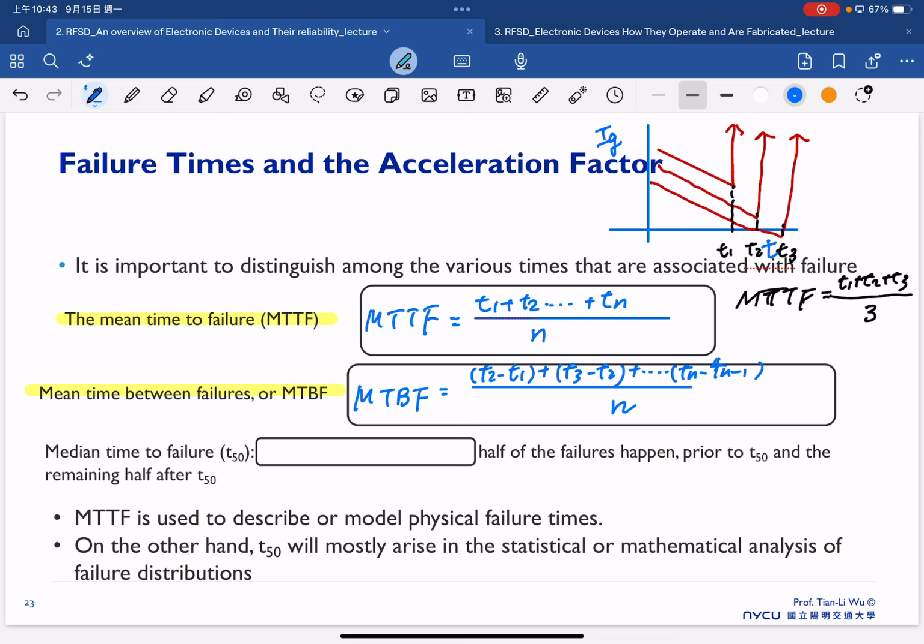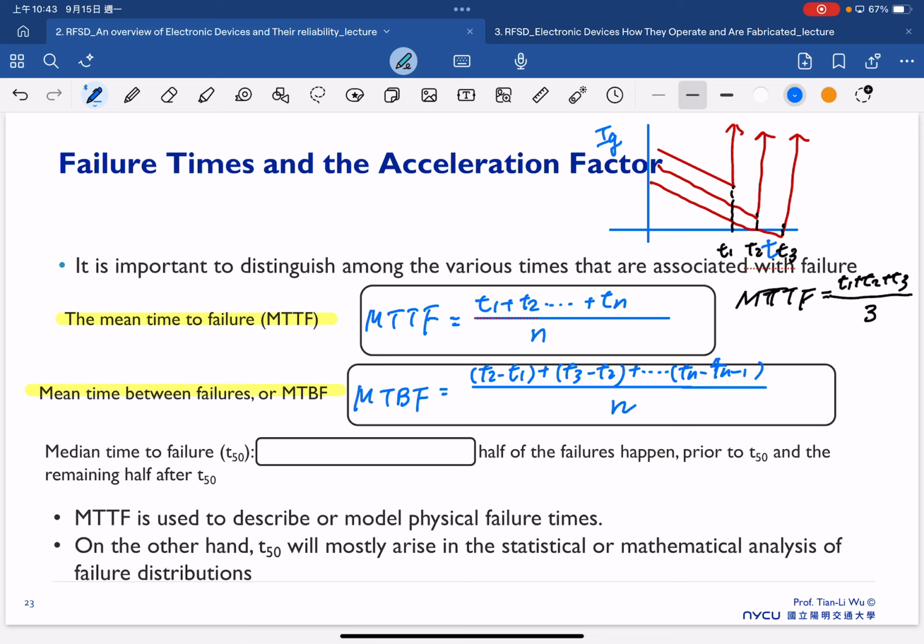So that's the MTBF here. Anyhow, these calculations are very simple. I believe we don't have to explain further what the difference is, because from this equation you can already understand the difference between the MTTF and MTBF.